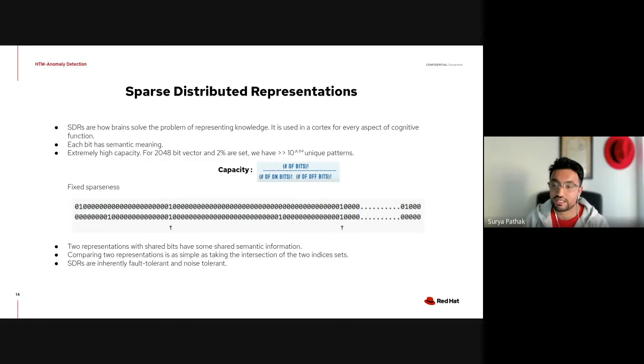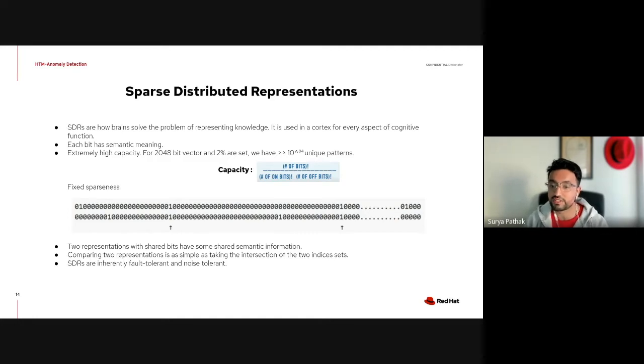And this capacity was calculated using this formula. Given the number of bits, that is 2048 bits, we have the number of on bits factorial, divided by the number of off bits factorial. Now, as we see, these two representations with shared bits have some shared semantic information.